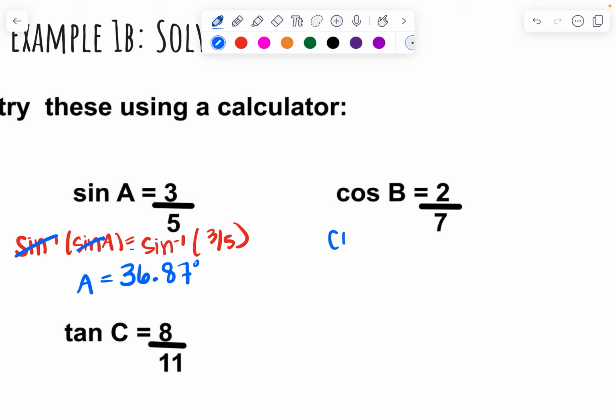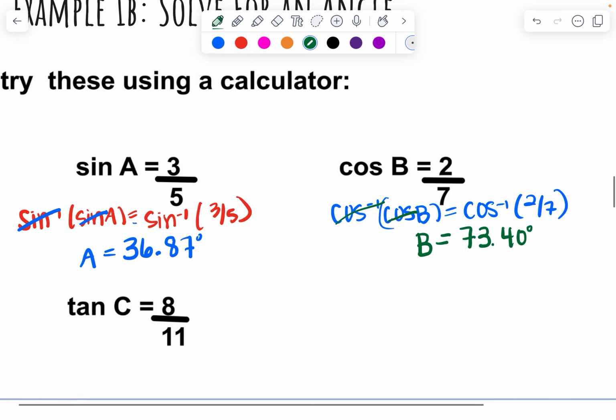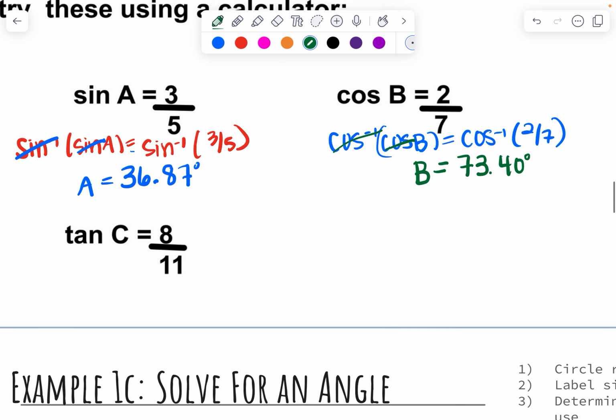Here we would do inverse cosine on both sides. So if you put inverse cosine of 2/7 into your calculator, you would get that the measure of angle B is about 73.40 degrees. We're rounding to the nearest hundredth for all these.